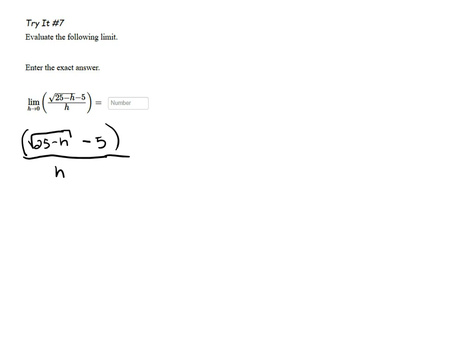So what you're going to have to do, and I don't know if you remember this from a previous class, is take the numerator and multiply it by this, which is called the conjugate. It comes from a difference of two squares: when you take a plus b times a minus b, first times first is a squared.